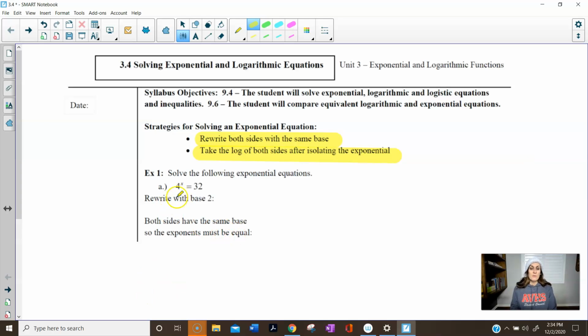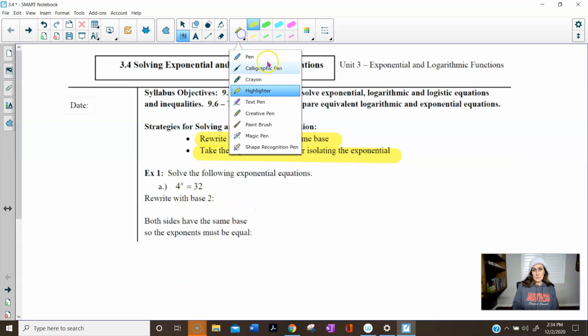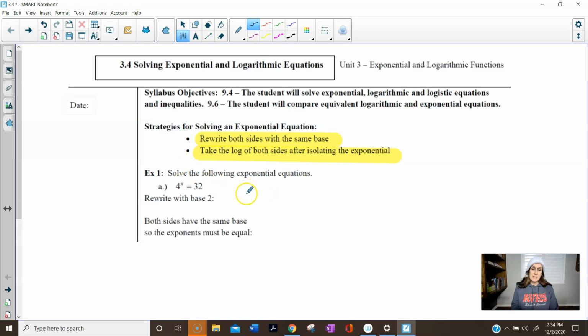Here we go. 4 to the x equals 32. So I know 4 can be written as 2 squared, and then you're still going to have it raised to the x power, equals, and then I know that 32 can be written as 2 to the 5th power.